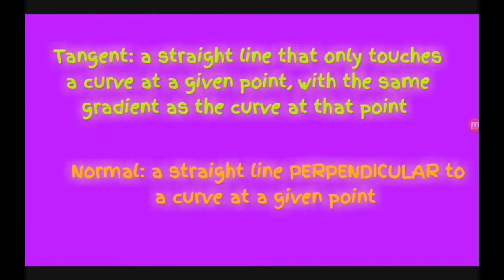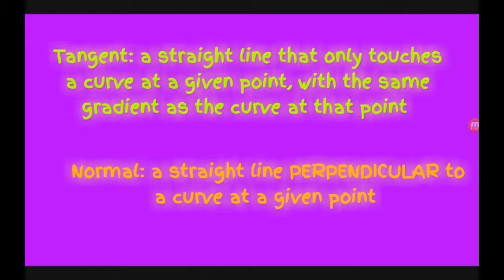Before we get into the maths, let's have a look at the definitions. Hopefully we've all seen tangents before. We found equations of tangents to circles in the coordinate geometry chapter. A tangent is a straight line that touches a curve at a given point and has the same gradient as the curve at that point.